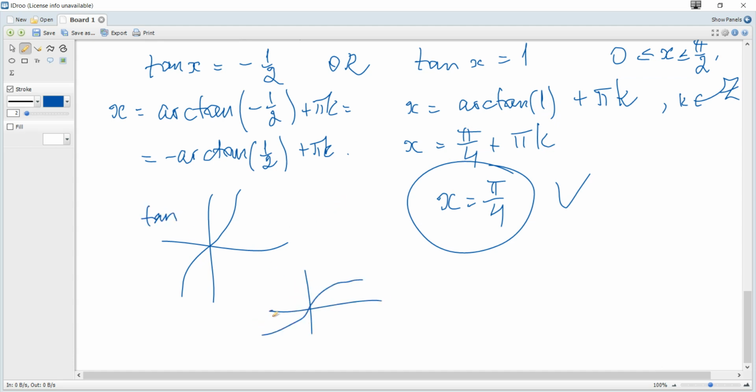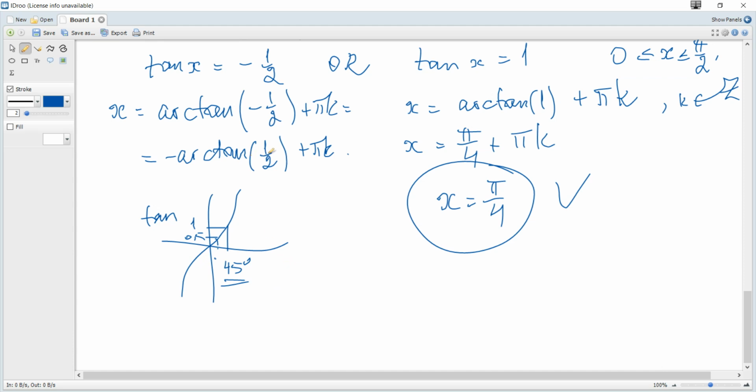Arctangent looks like this, and I mean the next. So arctangent of 1 is 45 degrees, or pi over 4, and arctangent of a half will be an angle which is smaller than 45, because tangent looks like this, and 45 is here, 1, and if we consider y to be 0.5, it will be some value which is less than 45 in degrees.